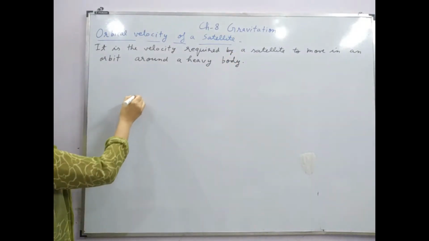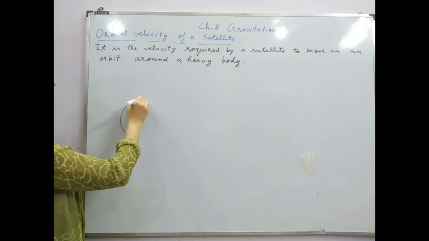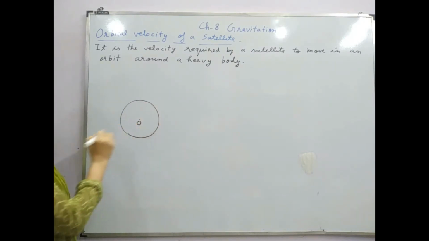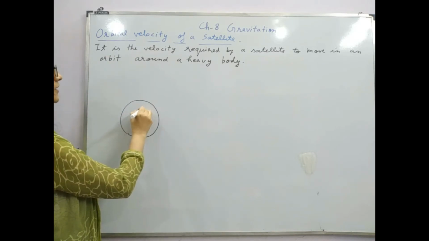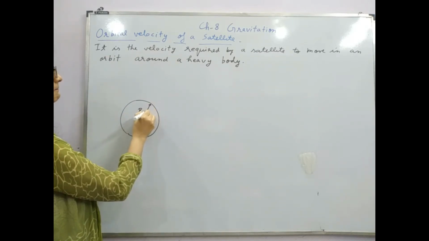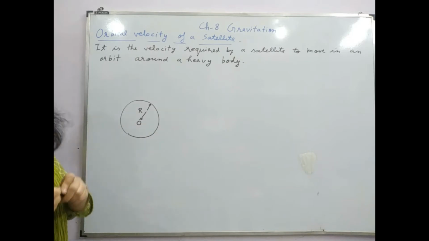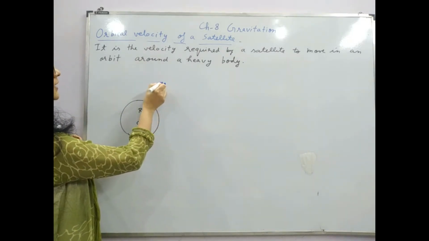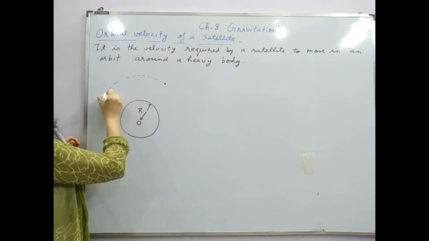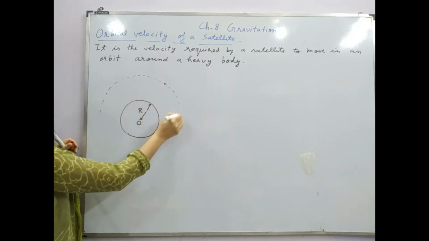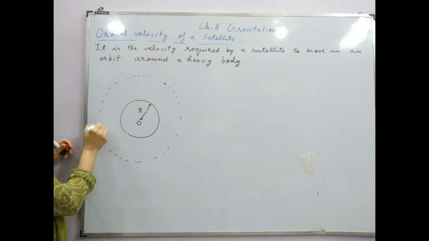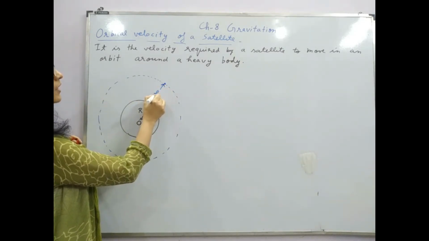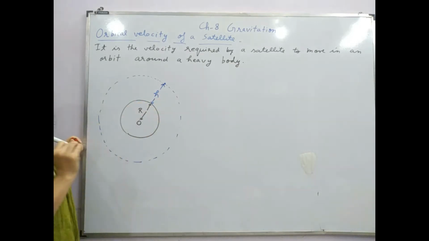So if we consider one body as Earth, let's consider the center as O. R is the radius of this Earth and the satellite is revolving in an orbit around the Earth. Suppose the height of the satellite above the Earth's surface is h.